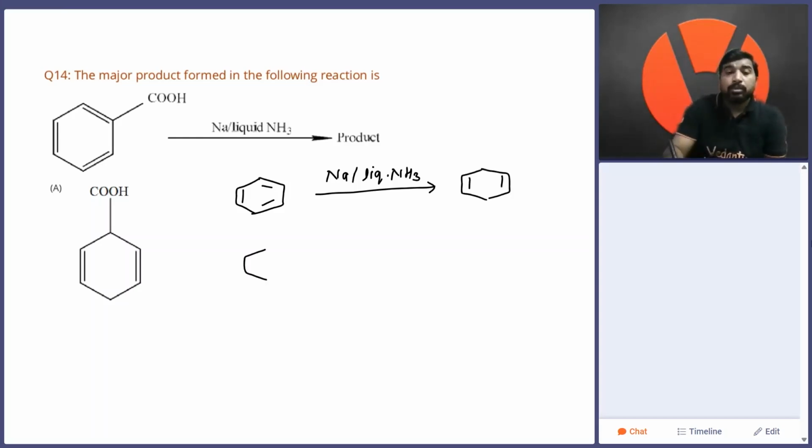Let's suppose there is an electron withdrawing group present. If an electron withdrawing group is present, then the product should be this.